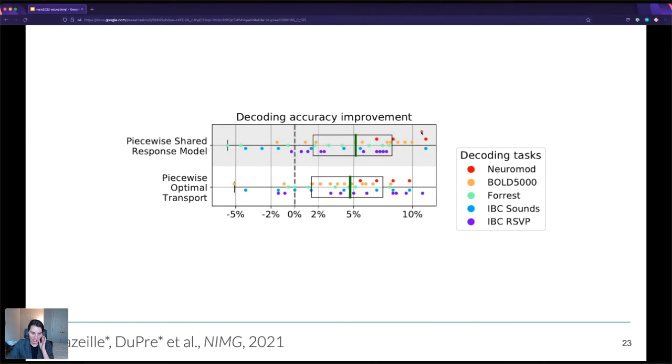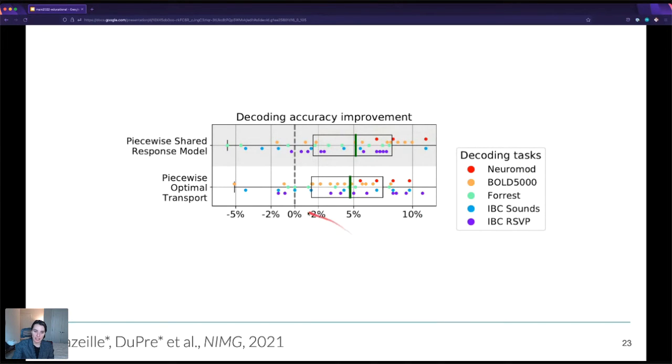First, let me just explain this figure to you, and then I will walk you through what I mean by a significant amount. Here, what we're seeing is the intersubject decoding accuracy. Because we did intersubject decoding, each dot is a different cross-validation fold, so a different subject, and the subjects are colored according to the particular data set they come from.